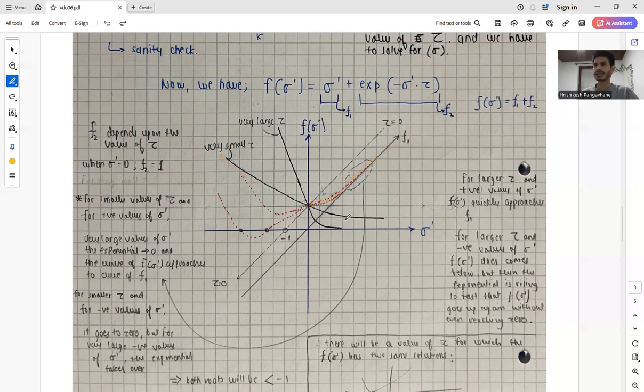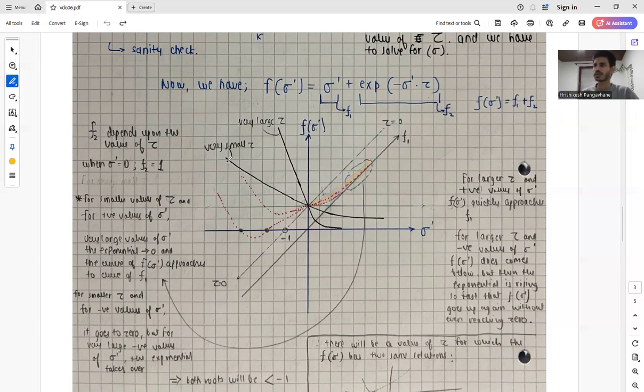So for smaller values of tau and very large positive values of sigma prime, the exponential will tend towards 0, and the curve of our function approaches the curve of f1, for positive values of sigma prime.